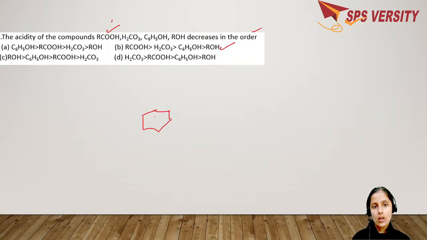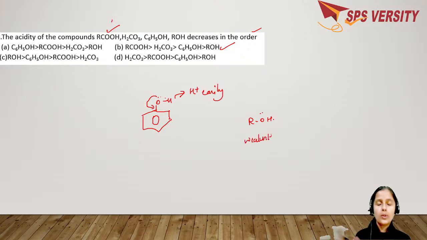If you take the phenol, the lone pair of electrons are involved in the resonance, because of which it can give H plus easily. And if you take alcohol, that's ROH, there is no resonance involved, so this is the weakest one. The OH is not that polar, because of which it can't give the H plus easily. So the correct order will be carboxylic acid is a stronger acid compared to carbonic acid, compared to phenol, compared to alcohol.